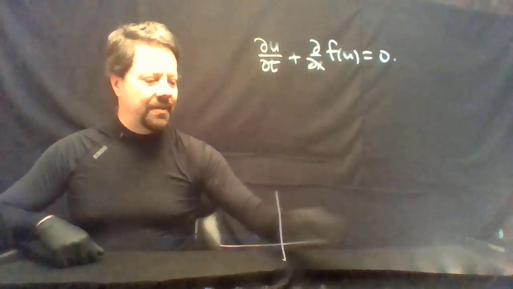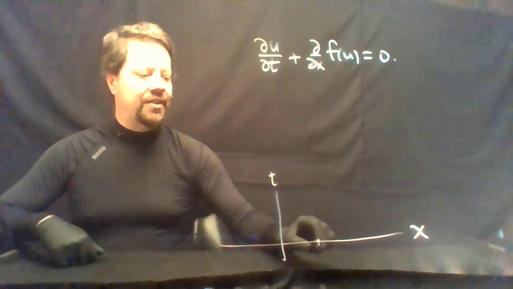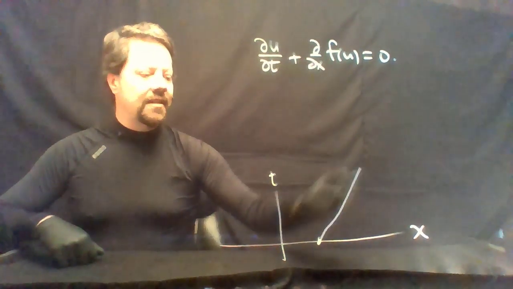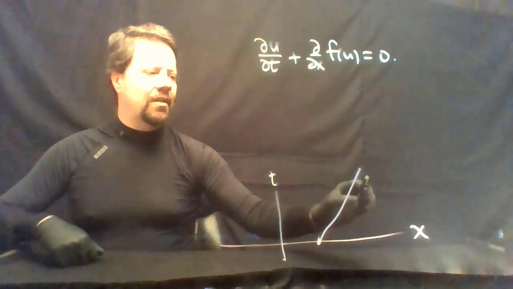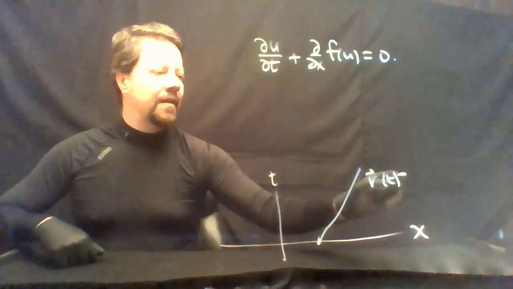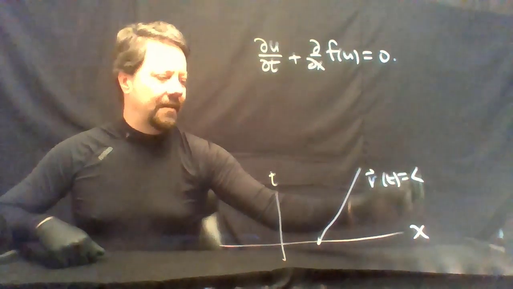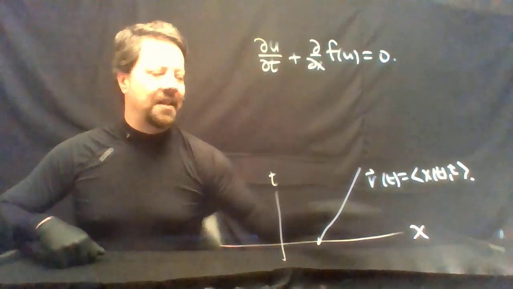And we'll suppose that in the xt plane we have a shock that starts on the axis at t equals 0 and then moves off along some curve r of t given by x of t.